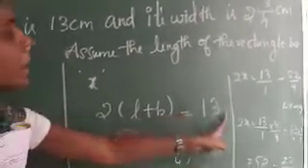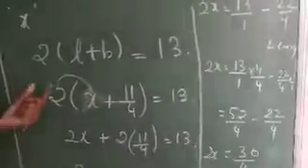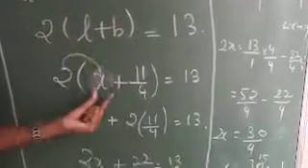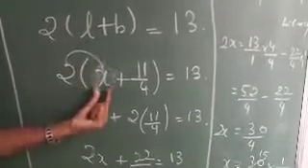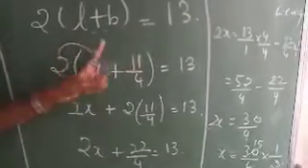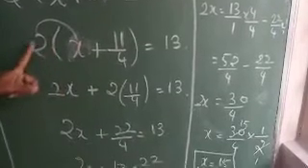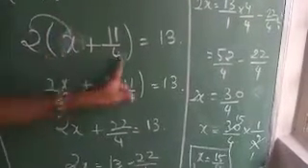They have given the perimeter value as how much? 13 centimeter. So you put 13. See here we have assumed the length as x. So 2 into (x plus the value of the breadth, width and breadth both are same). They have given 11 by 4. So you simply multiply the 2 into the bracket.